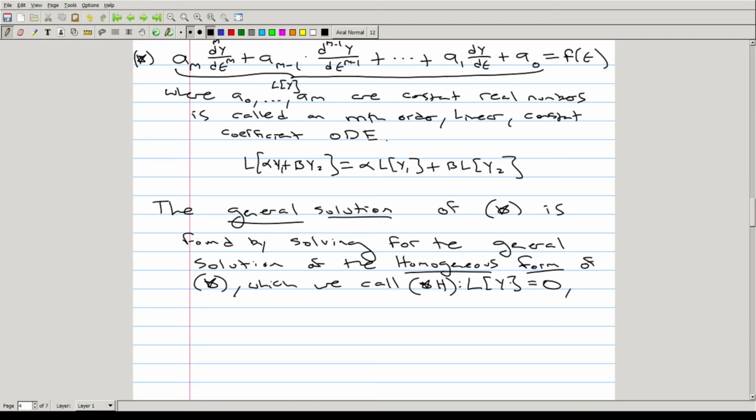This is step 1. And then solving for a particular solution to the inhomogeneous problem.